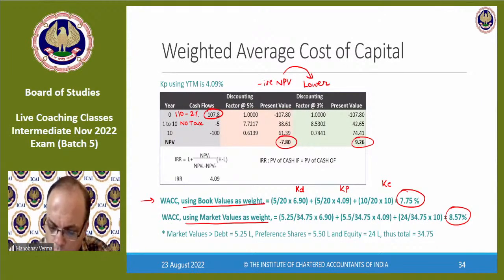Okay, Madhushri says, can you explain why PV value is negative for the first year and positive for the other two? Okay, Madhushri, generally why we are inverting the signs is that we are thinking from the perspective of an investor, right?